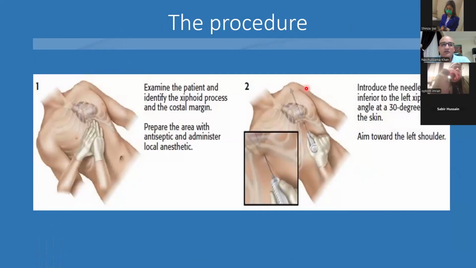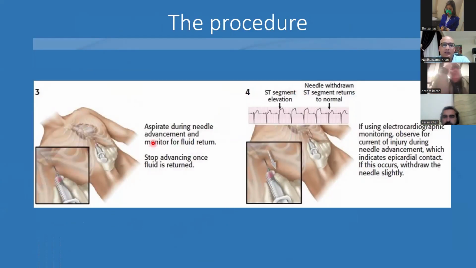These are the steps for the pericardiocentesis. We can see that we examine the patient and identify the xiphoid process. In the second picture, we can see he is puncturing the site by taking the angle toward the left shoulder. During puncture, continuously apply negative pressure with the syringe.